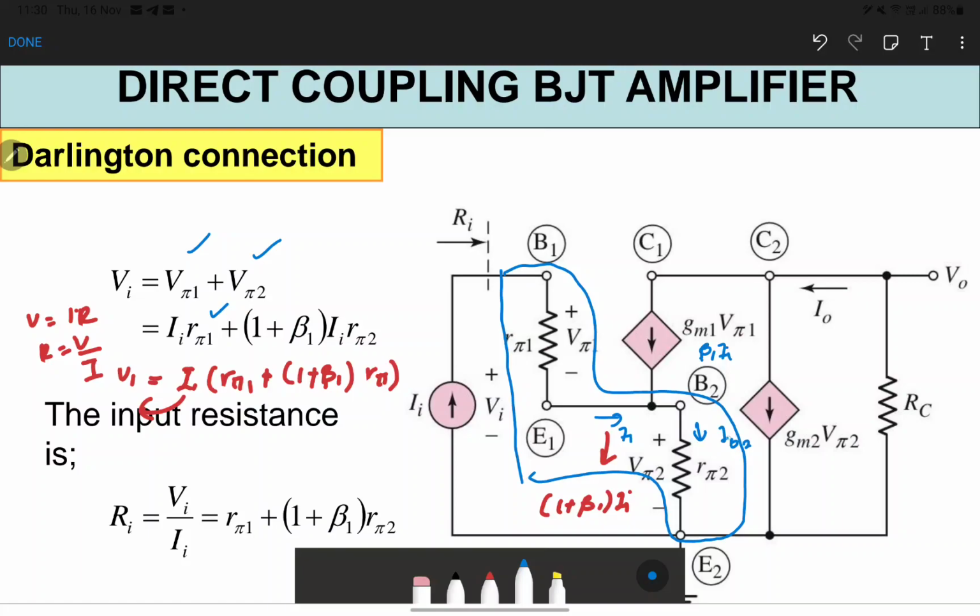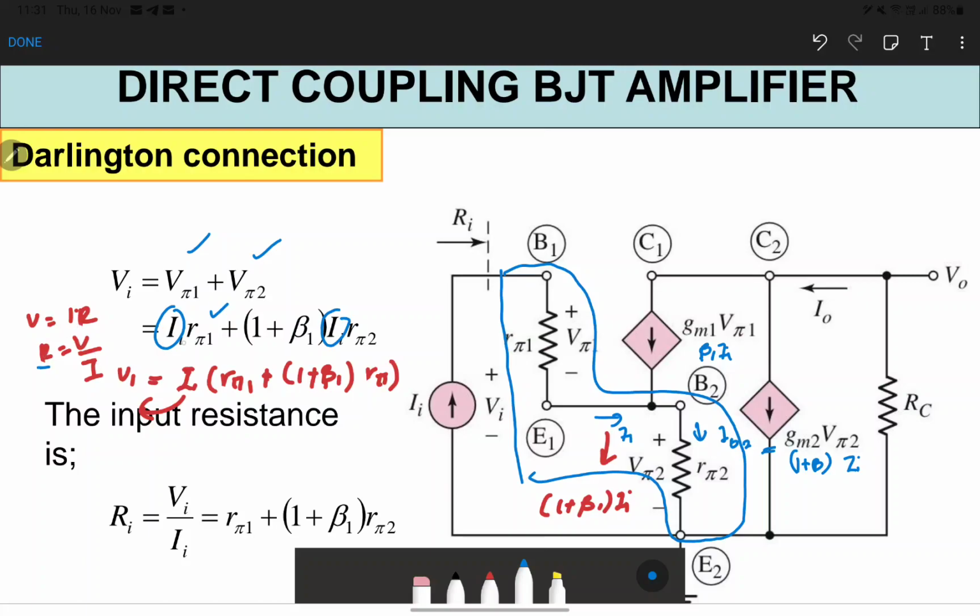So total IB2 is equal to 1 plus beta 1 times IB1 times R pi 2. By taking out all the current I and bringing it under the voltage, we know that Kirchhoff's law says V equals IR, and resistance equals voltage over current.